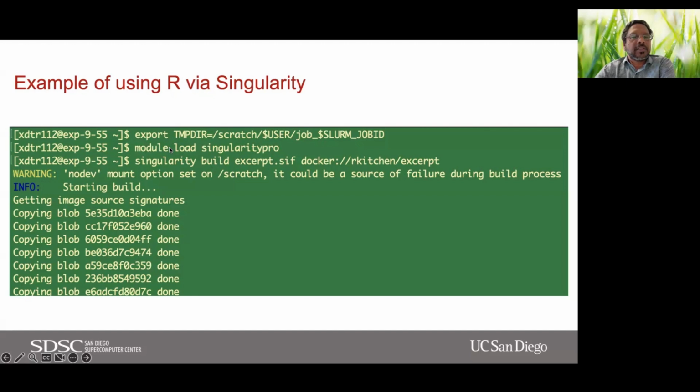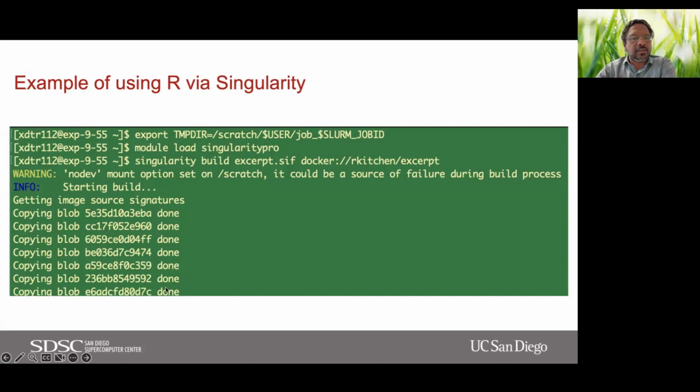So I do that in the first line here, then load the Singularity module, and then I'm going to take that Docker image and build a Singularity image. So we don't support Docker natively on Expanse, but fortunately, you can build Singularity images from an existing Docker image. So that's what I'm doing here. So I'm doing a Singularity build and just giving it the name of the image, and then pointing it to the Docker image of excerpt as the source.